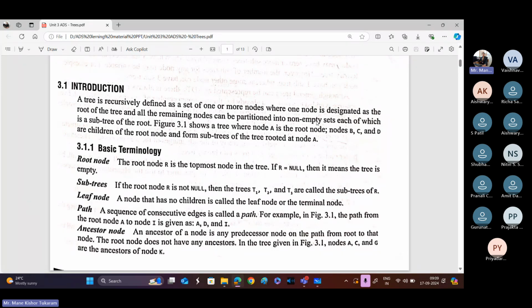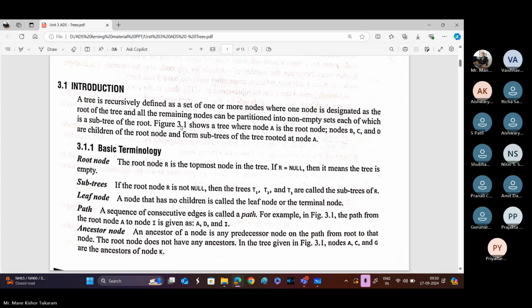Whenever we consider a tree, it is a set of one or more nodes where one node is designated as root and the remaining nodes are partitioned into non-empty sets, each of which is a subtree of the root. A tree is nothing but a combination of subtrees which are connected with the root node by the edges.